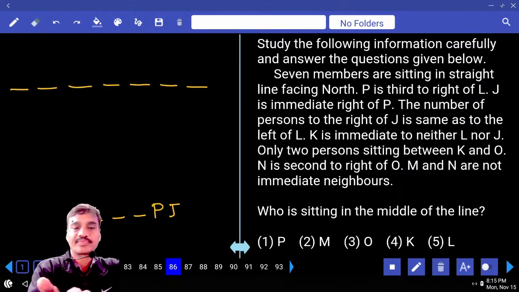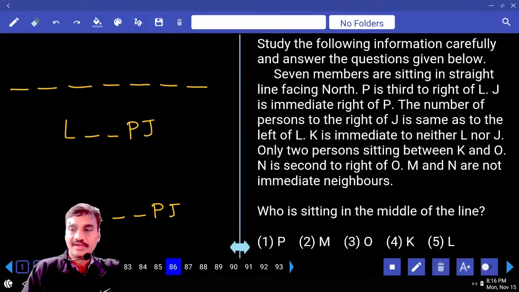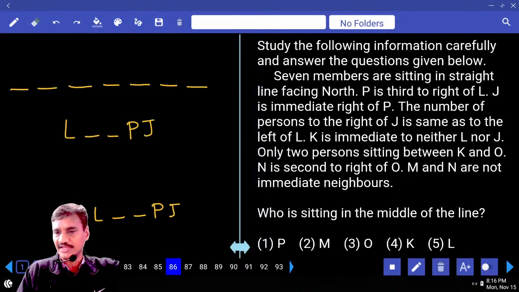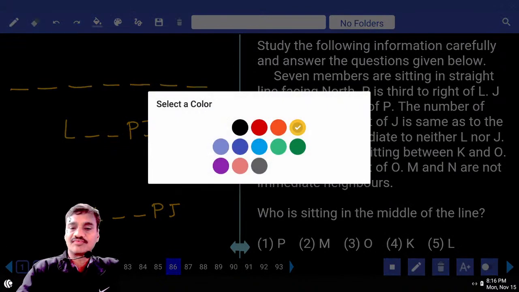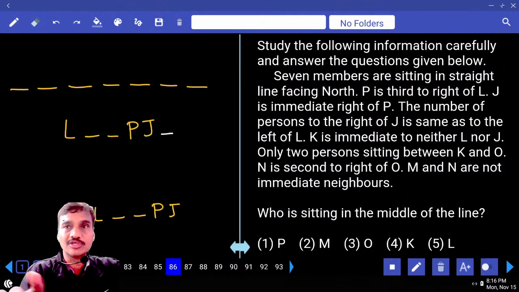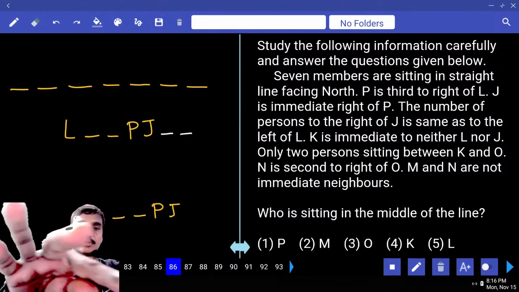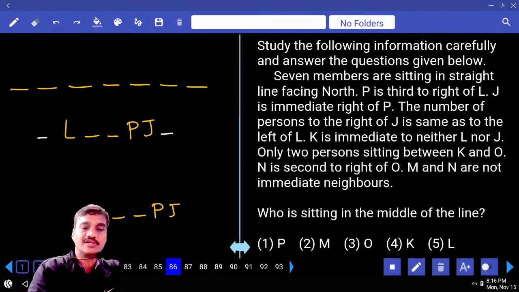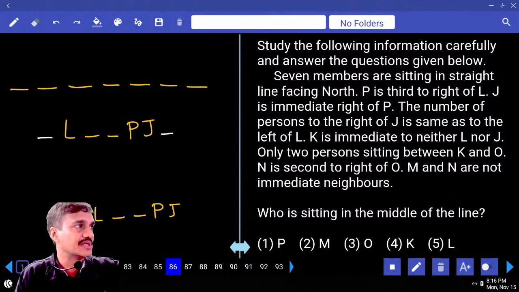Now L blank blank PJ వచ్చారు, అవునా కదండి? Then number of persons to the right of J same as that of left of L. రైట్ ఆఫ్ J ఇక్కడ 0 తీసుకుంటే లెఫ్ట్ ఆఫ్ L కూడా 0 రావాలి. అప్పుడు ఎంతమంది అవుతున్నారు? 5 members అవుతున్నారు. బట్ వేజ్ వీ నీడ్ టు హ్యావ్ 7 members. 7 members మీన్స్ అట్లీస్ట్ 1 person టు ద రైట్ హ్యాండ్ సైడ్ ఆఫ్ దిస్ J. 2 persons ఉన్నారు అనుకోండి, బోత్ ద పర్సన్స్ టు ద రైట్ ఆఫ్ J. Lకి లెఫ్ట్ హ్యాండ్ సైడ్ మళ్ళీ కుదరట్లేదు స్టేట్మెంట్. నౌ 1 person టు ద రైట్ ఆఫ్ J, 1 person టు ద లెఫ్ట్ ఆఫ్ L. సరిపోయిందా లేదా?